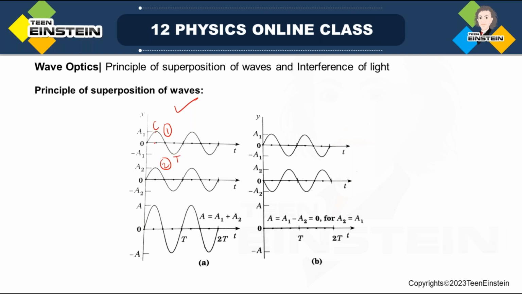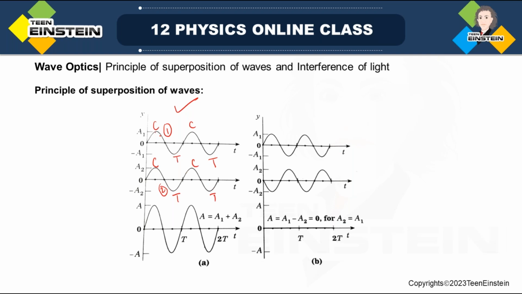Crest means maximum amplitude and trough means minimum amplitude, and these are nodes, as you know, where the displacement of the particles is 0. Similarly in the second wave, I have crest, trough, crest, trough.